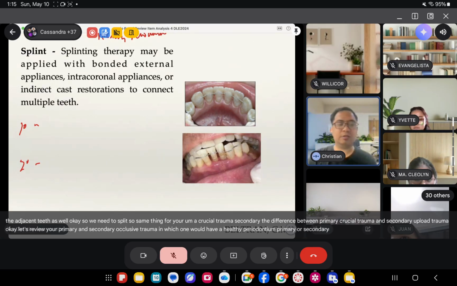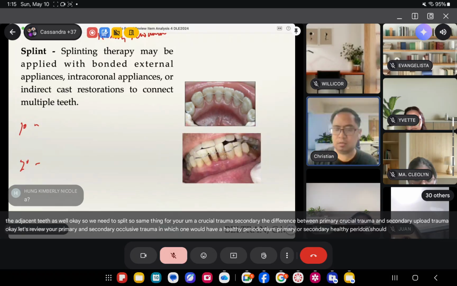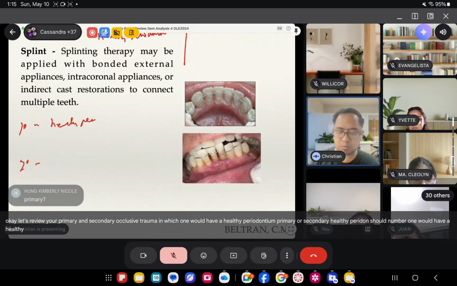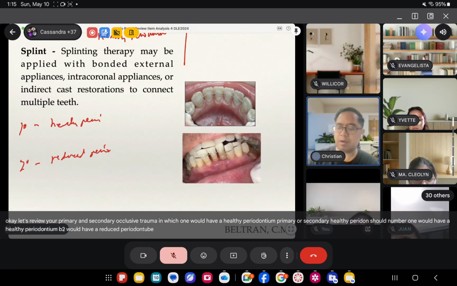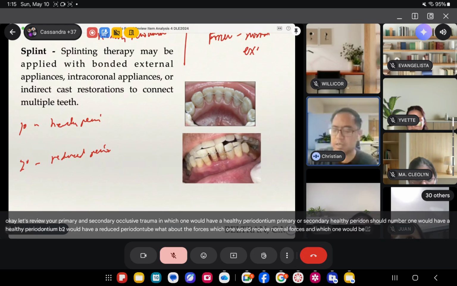Primary or secondary? Healthy periodontium. Number one would have a healthy periodontium. Number two would have a reduced periodontium. What about the forces? Which one would receive normal forces and which one would be receiving excessive forces?